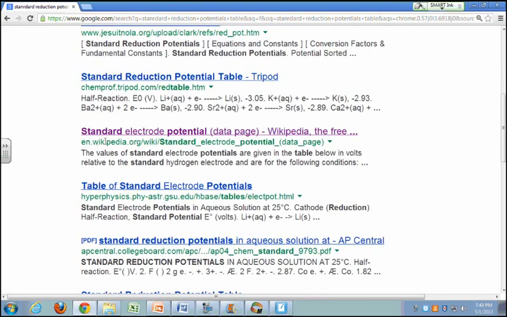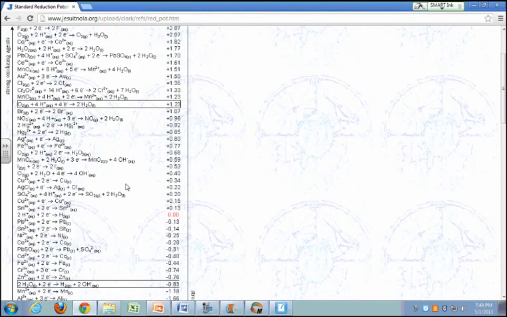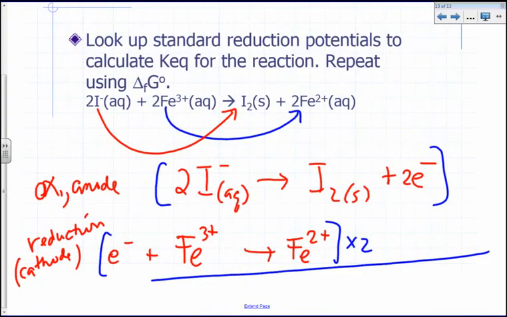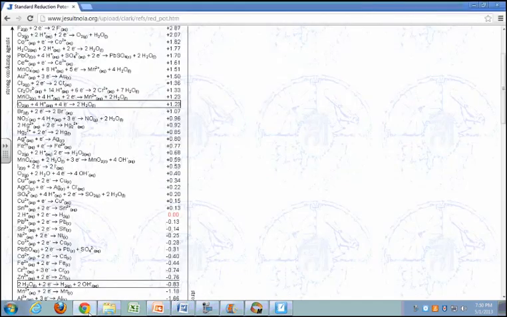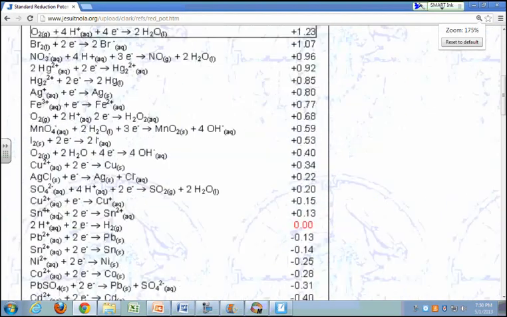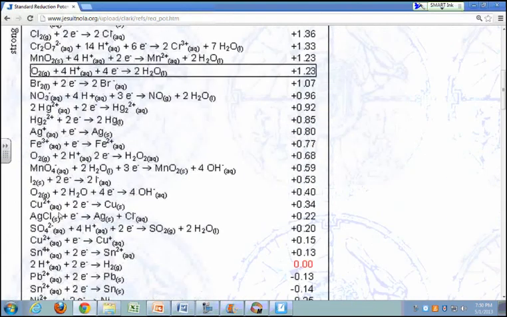This one's a good one. From this one I can look up iodide to I2. Let me zoom in on this one. There are so many places where you can find this information.